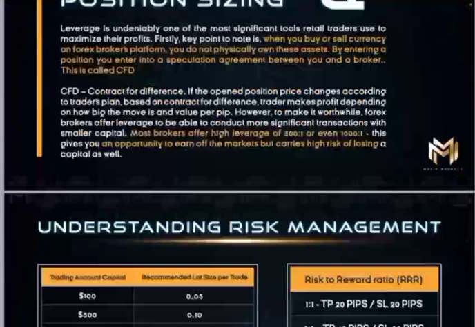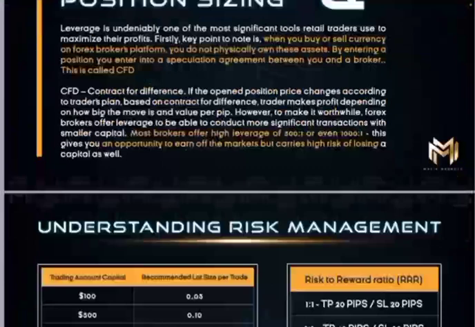Instead, you are entering a speculation agreement between you and a broker. You are telling a broker, I am opening the position euro to USD buy. From that moment, I think the price will rise. This is called a CFD, contract for difference.